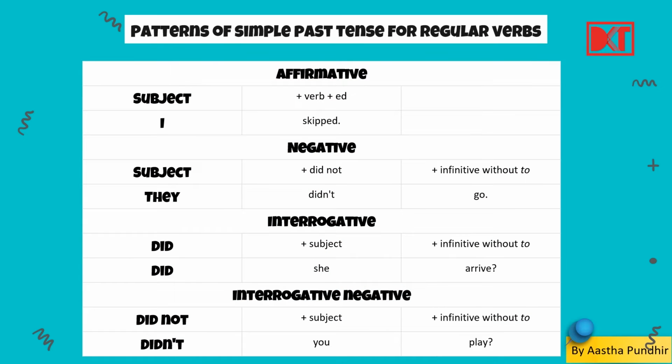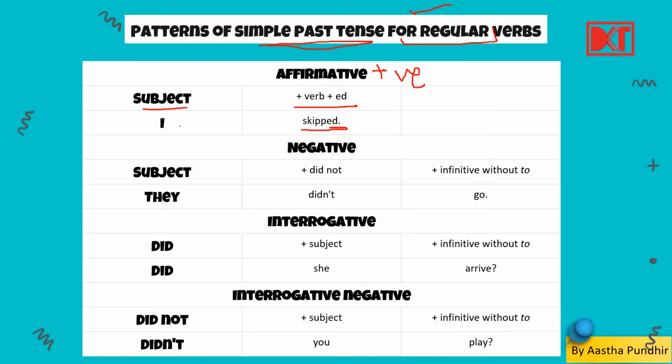So now we have the patterns of simple past tense for regular verbs. अब simple past tense की जो formation है हम regular verbs के लिए करेंगे और irregular verbs के लिए करेंगे. तो सबसे पहले हम रेगुलर वर्ब्स के लिए कर लेते हैं. एफर्मेटिव सेंटेंसेस मतलब पॉजिटिव सेंटेंसेस, पर रेगुलर वर्ब्स की बात हो रही है यहाँ पे. ओके, लेट्स सी हियर कैसे फॉर्मेशन होती है. द सब्जेक्ट प्लस द वर्ब एंड ed. जैसे द वर्ब इज skip, so the subject I and skip and ed, skipped, right.